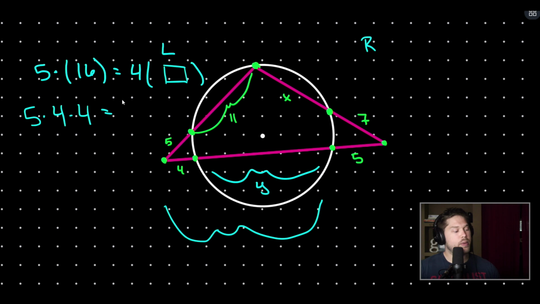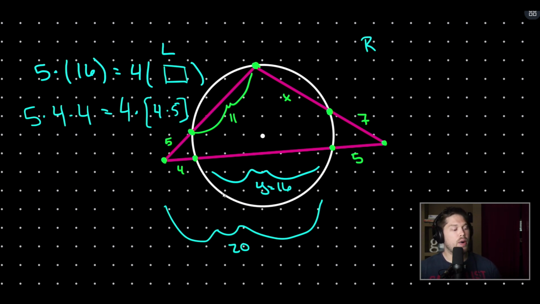And so this needs to equal 4 times something. But it needs to match on both sides. So what's missing is another 4 and a 5. And so I know this full distance is going to be 4 times 5, which is 20. And so therefore y must equal 16, as 20 minus 4 is 16.